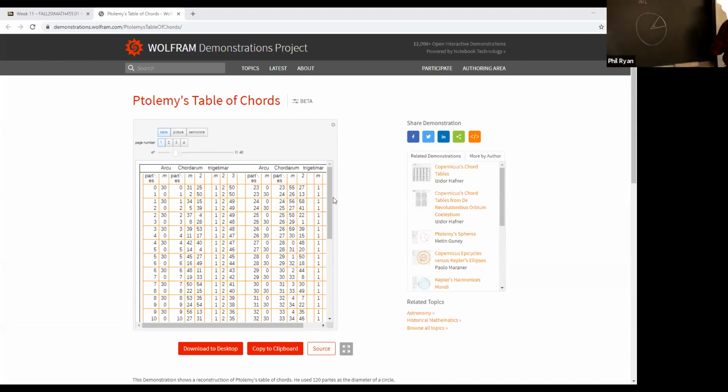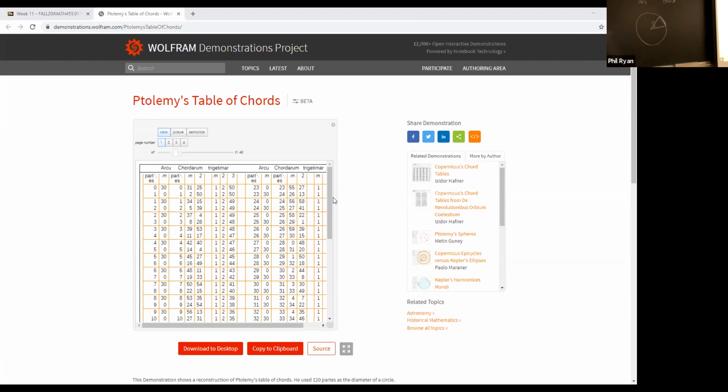The second column is this here, and this is the chord. It is the length of that chord that goes with that arc. Again, it's in base 60. Remember, this is for a circle with radius equal to 60.